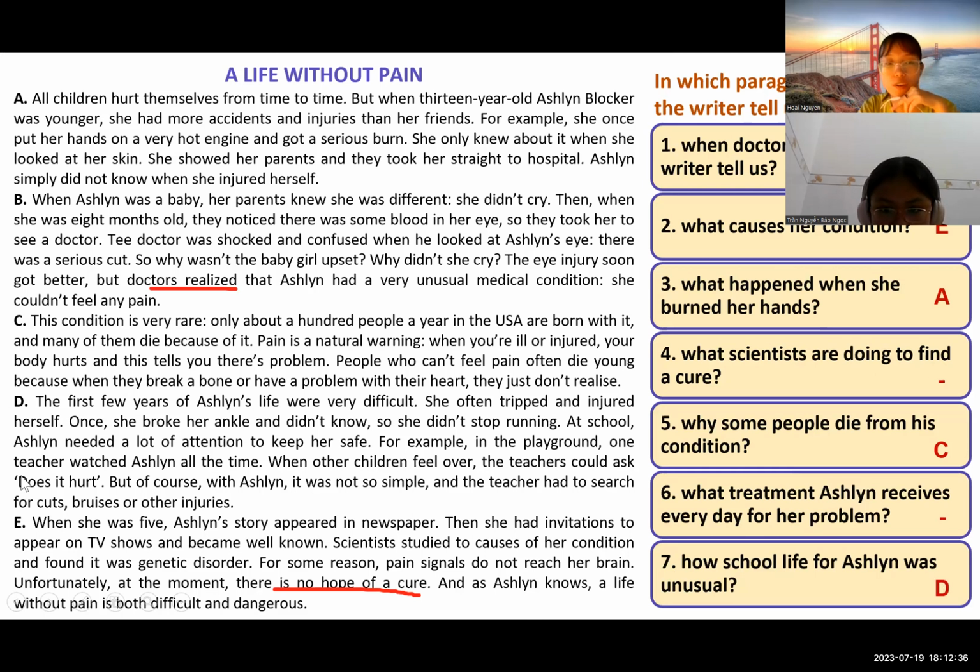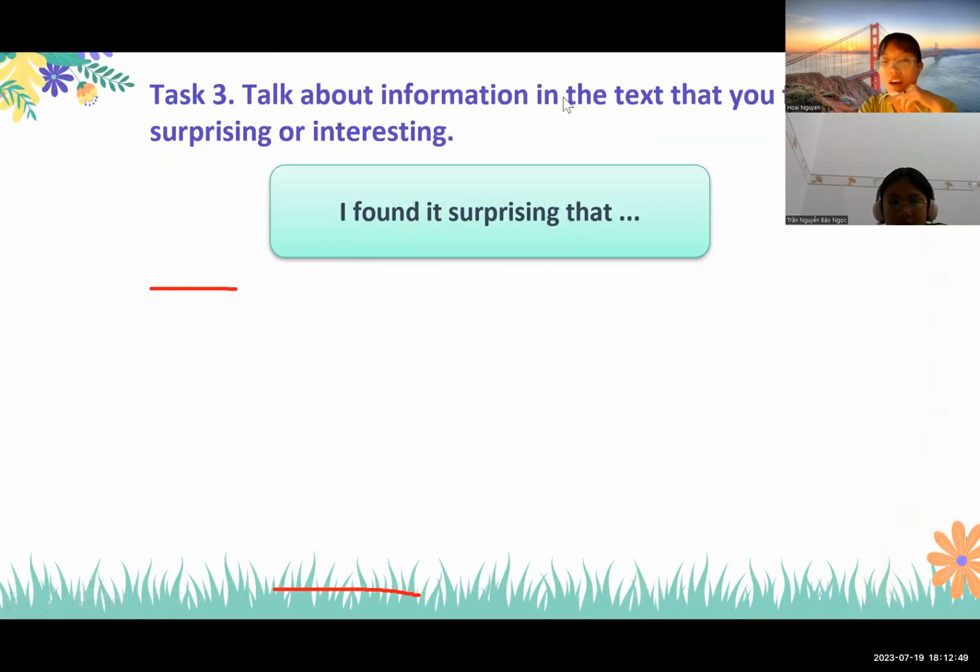Her school life was unusual because Ashlyn needed a lot of attention to get her safe grade. This is totally opposite to other friends in the class or in the school, right?